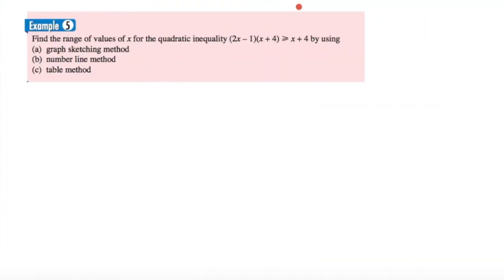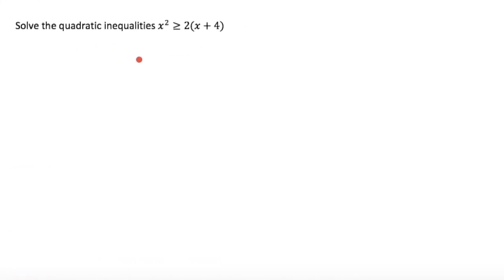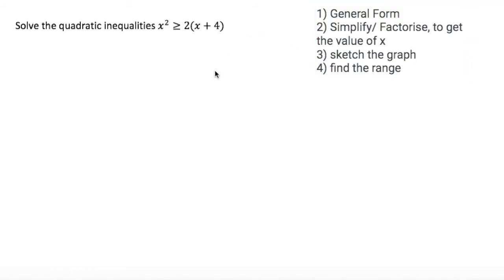Okay, so now please try this question. Solve the quadratic inequality. Okay, now first the general form. So you need to expand it. x squared more than, this one you substitute, expand inside, 2x plus 8. So every term goes to the left hand side. Okay, then factorize.